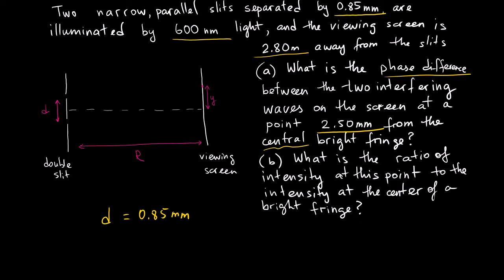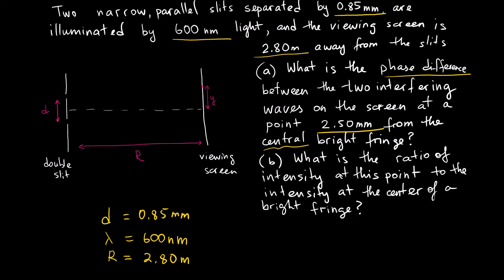The slits are illuminated by 600 nanometers light. That means it's the wavelength, lambda is 600 nanometers, and the viewing screen is 2.80 meters away from the slits, so R is 2.80 meters.